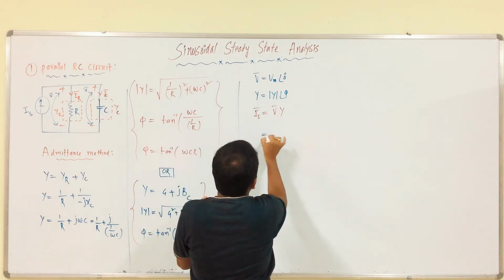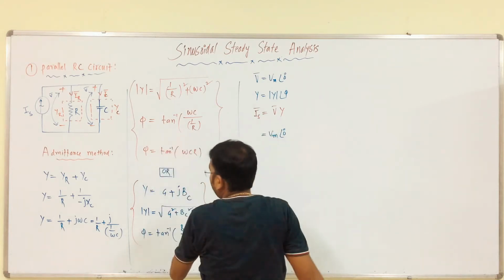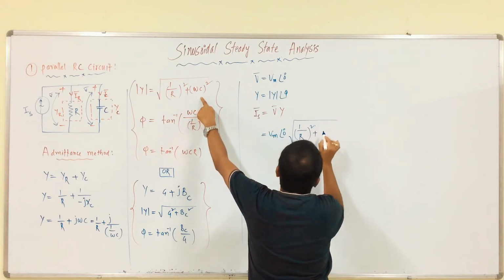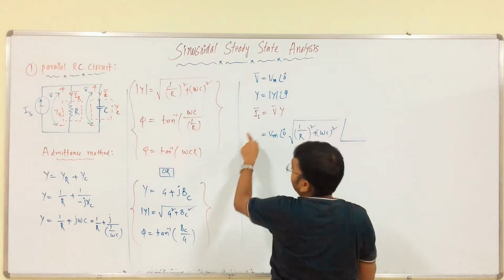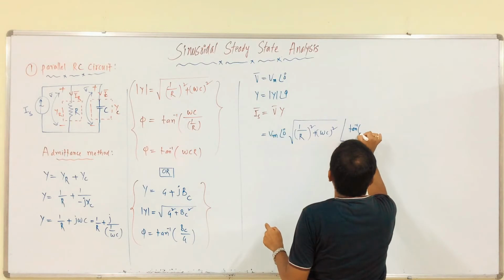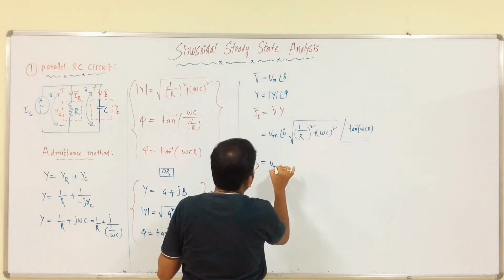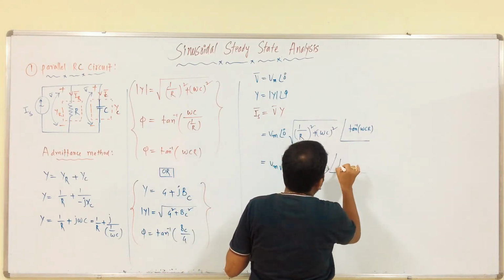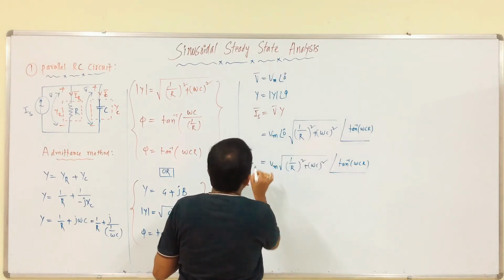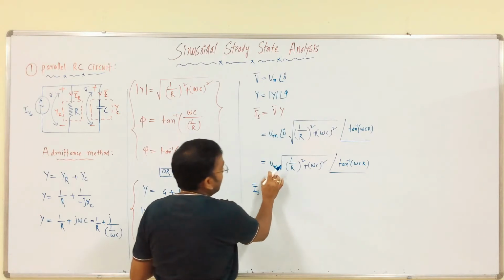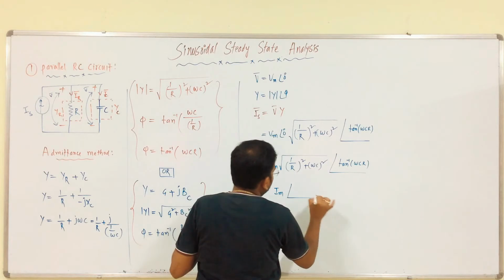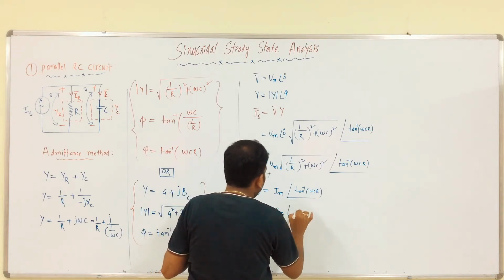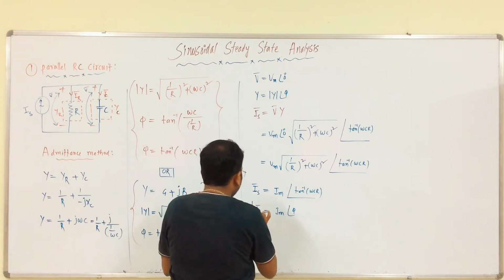So V is Vm at an angle 0, and mod Y is the square root of (1 by R) whole square plus (omega C) whole square, and the angle is tan inverse omega C R. So Vm into this component is nothing but Im only. So we got Im at an angle phi.